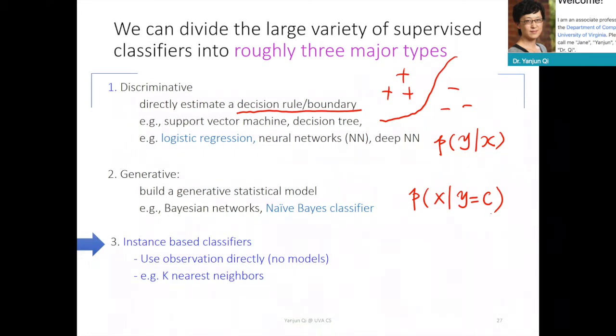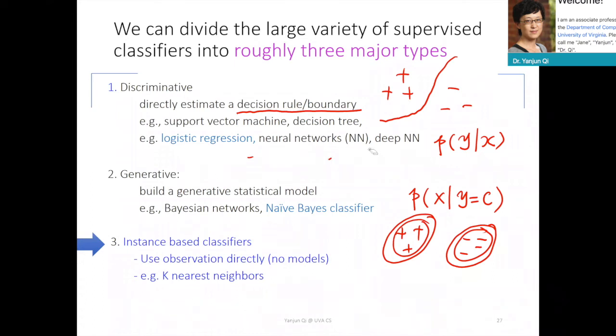This may sound difficult, but think of this example with positive and negative classes. Rather than learning the decision boundaries, I'm trying to fit a very good density estimation to model my positive class and my negative class. That's the basic idea of generative classification models.